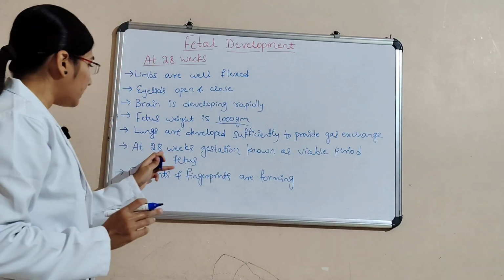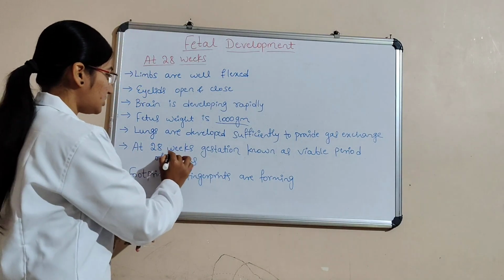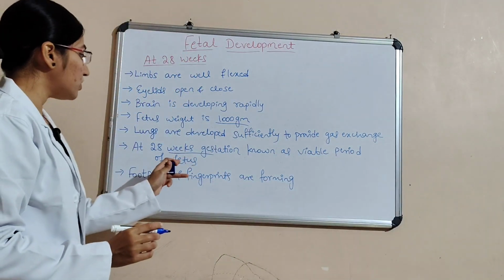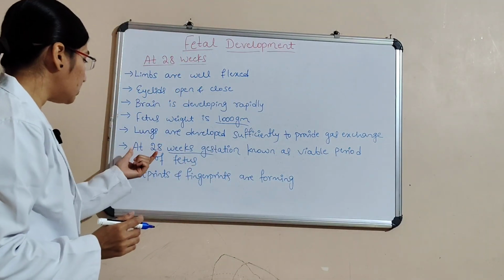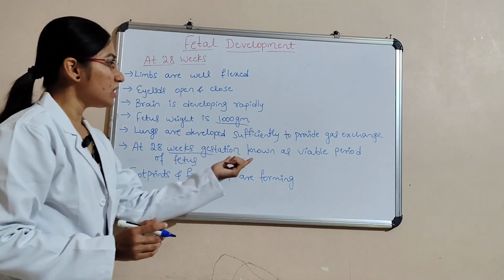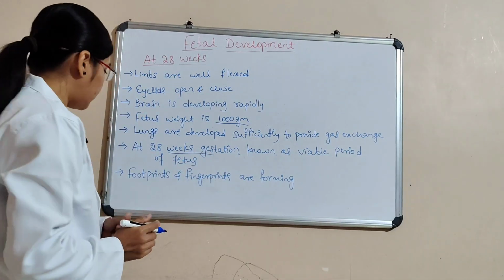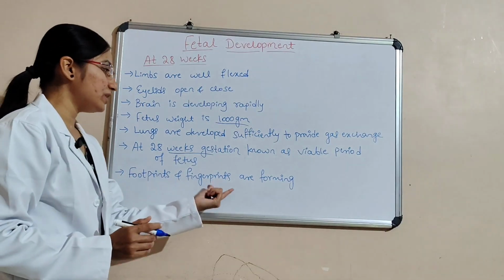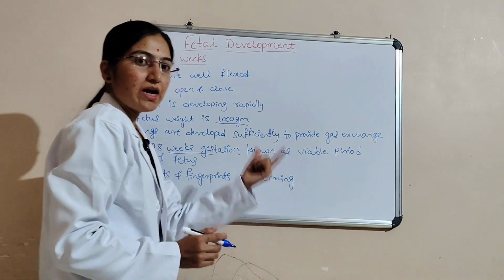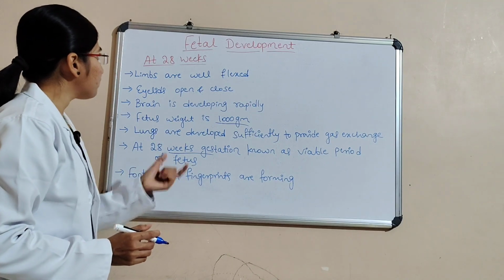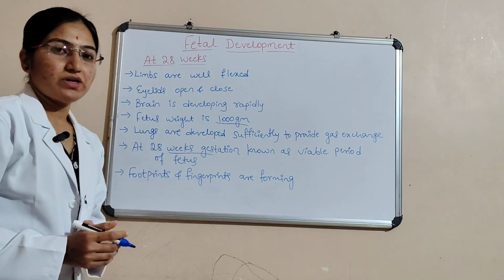At 28 weeks of gestation, it is known as the viable period of the fetus. Footprints and fingerprints are forming at 28 weeks.